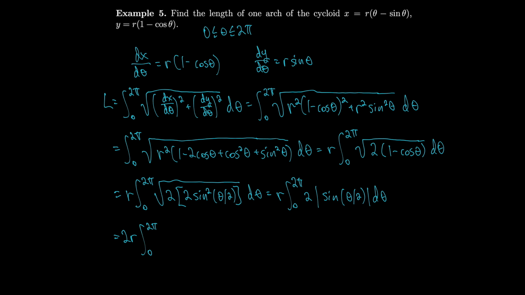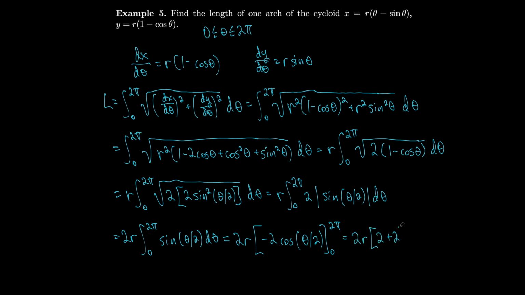It's just going to be sine of theta over 2. So we'll take our antiderivative now. We'll get 2r times minus 2 cosine theta over 2. Quick substitution in our head. And we evaluate that from 0 to 2 pi to get 2r times 2 plus 2, which is just 8r.